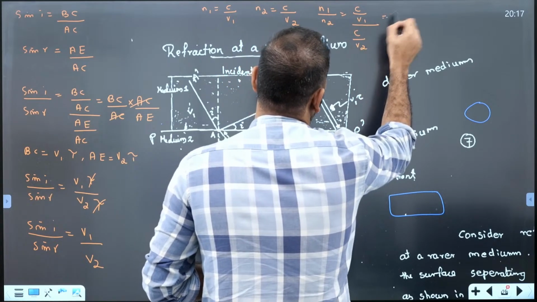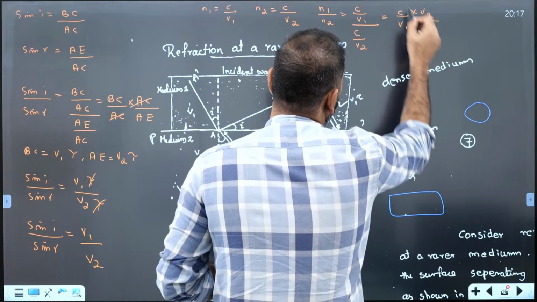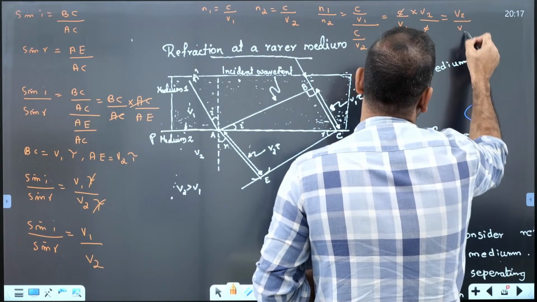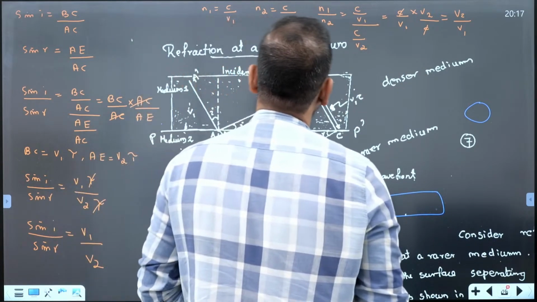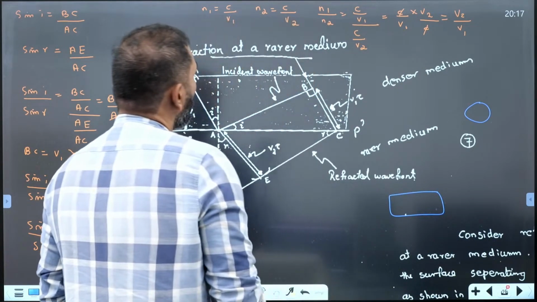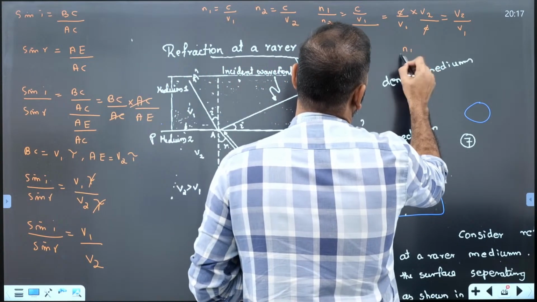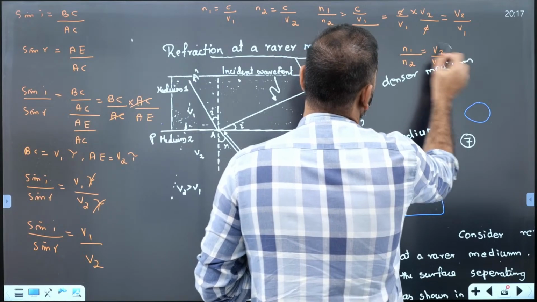So n1 by n2 is equal to c by v1 divided by c by v2, which is c by v1 into v2 by c. So c gets cancelled, and n1 by n2 is equal to v2 by v1. So whenever I see n1 by n2, I can replace it with v2 by v1.